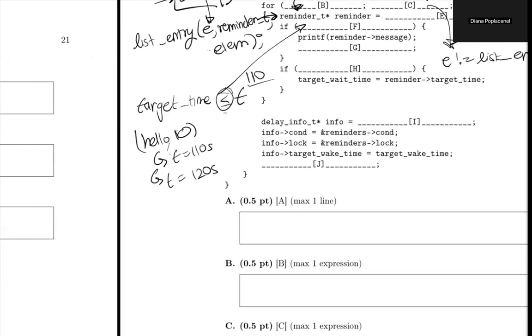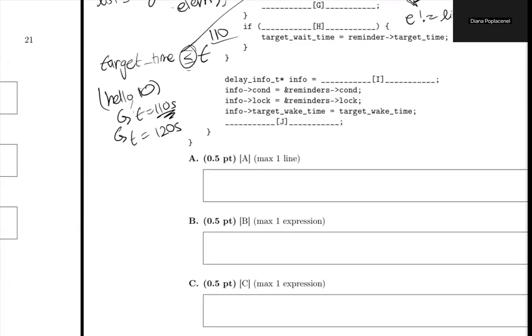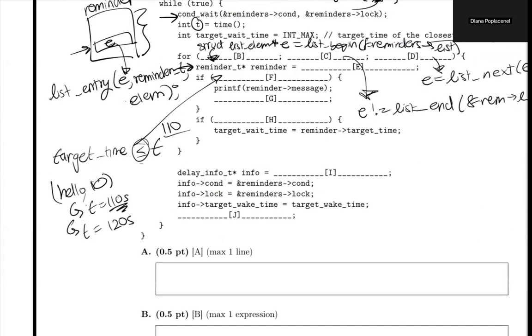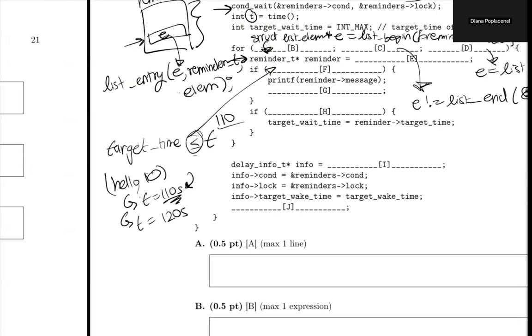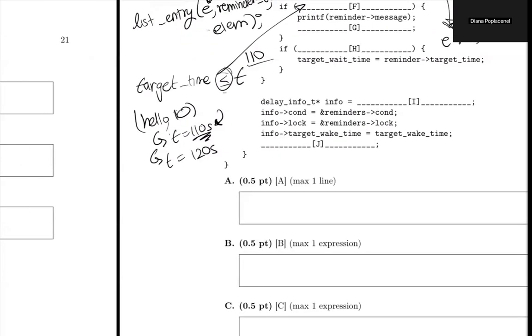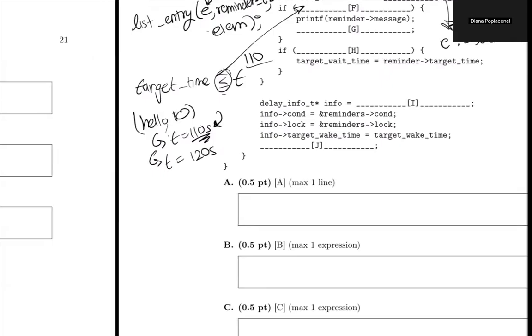Again, we know the target time based on the target time attribute of the struct reminder. And so once we printed the message for one time step, we want to update our target time, right? Because after we print hello at time step 110, we want to then print it at time step 120. So your target time inside of the reminder struct is going to change.